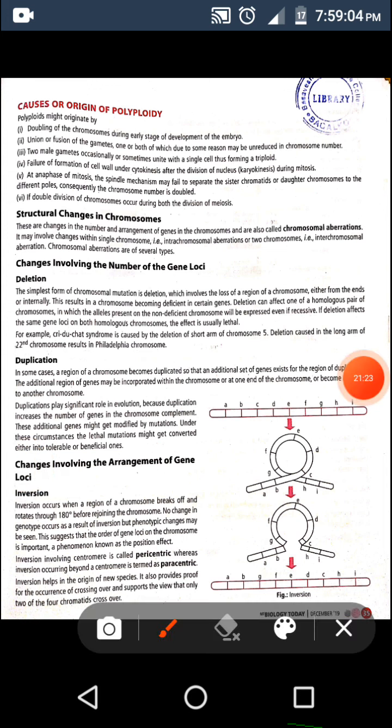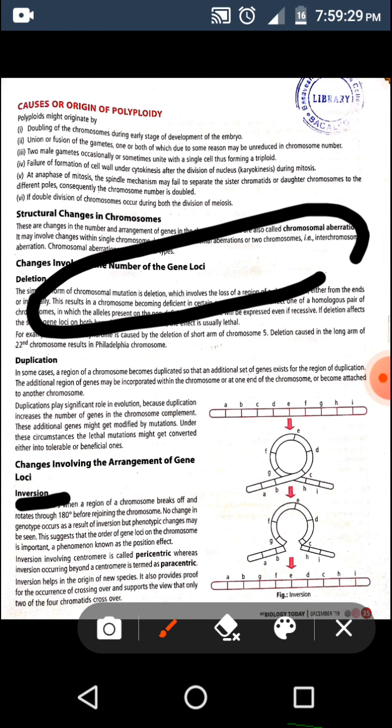In inversion, we mainly see that a part or region of the chromosome breaks off, gets rotated by 180 degrees, and rejoins the chromosome. For example, this is your chromosome and these are the segments.